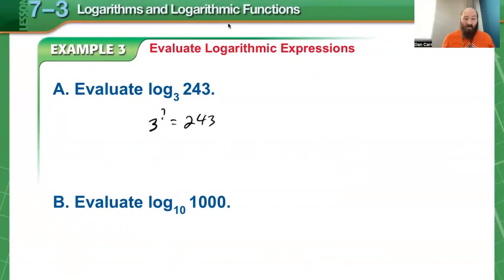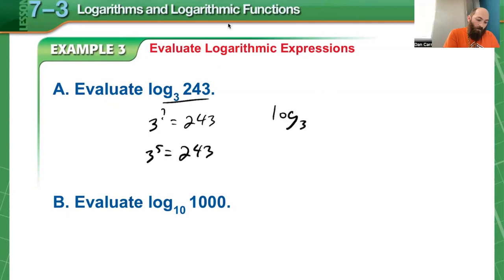If I don't have that off the top of my head, I can just use my calculator: 3 times 3, times 3, and I keep going. If I remember correctly, yep, since 3 to the 5th is 243, my answer for this one is 5. So log base 3 of 243 equals 5.